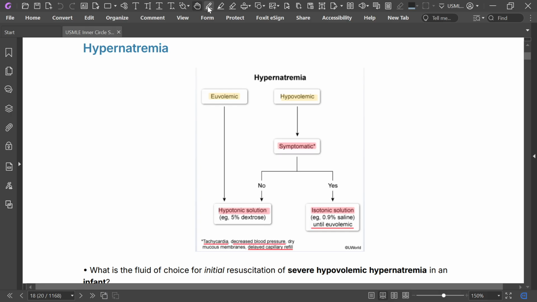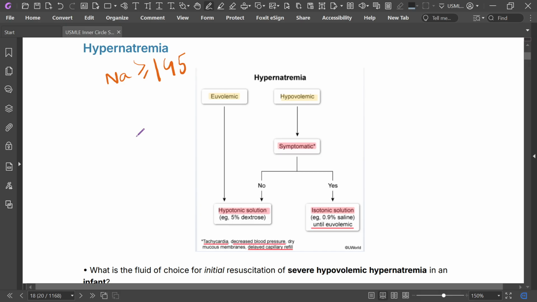If somebody comes to you with serum sodium more than 145 milliequivalent per liter, then we need to assess volume status.